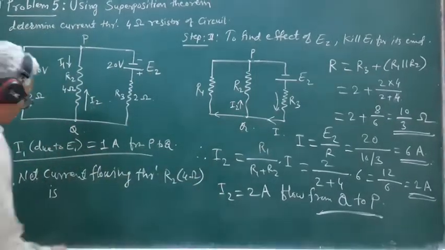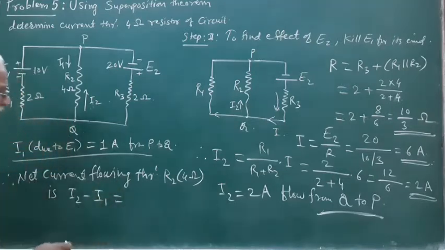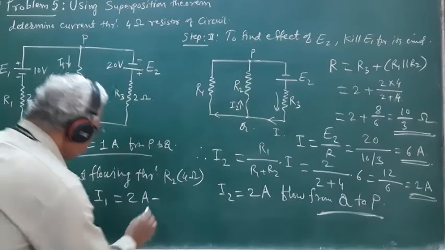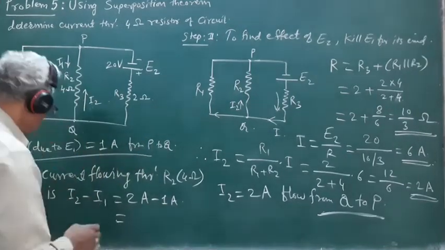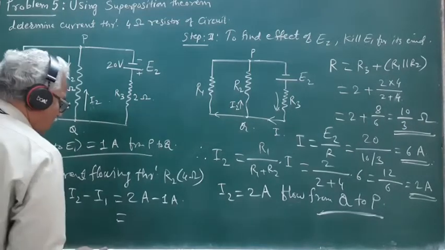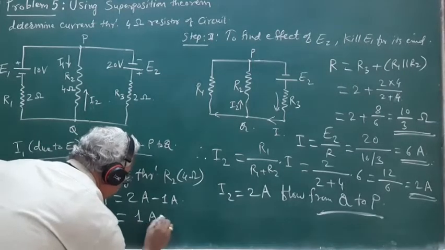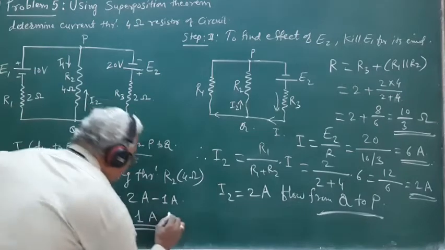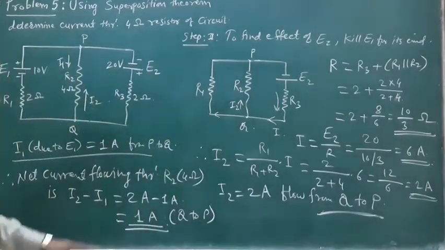I2 is 2 ampere minus I1 is 1 ampere. So the net current flowing through the resistance R2, that is 4 ohm resistor, will be equal to 1 ampere, and this current will flow from Q to P, that is in the upward direction.